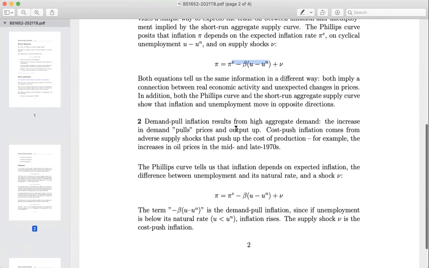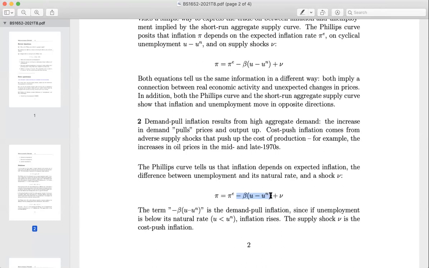This can actually be extracted from the Phillips curve, so we can say the same thing using the equation. In this equation, think of this term as demand pull inflation, because how much the unemployment rate deviates from its natural rate depends on aggregate demand at that point.